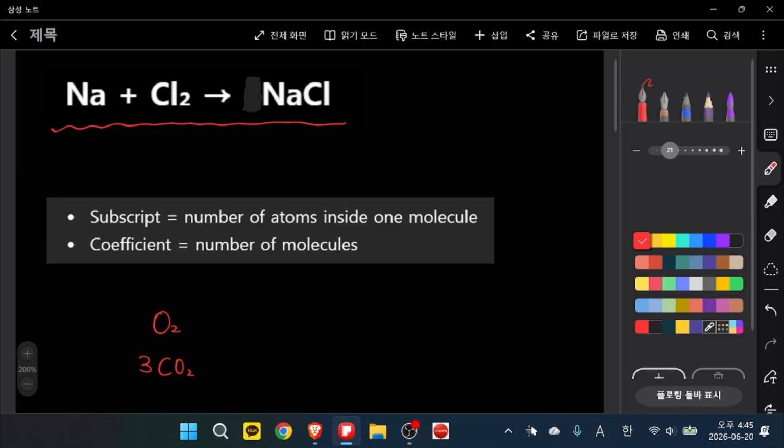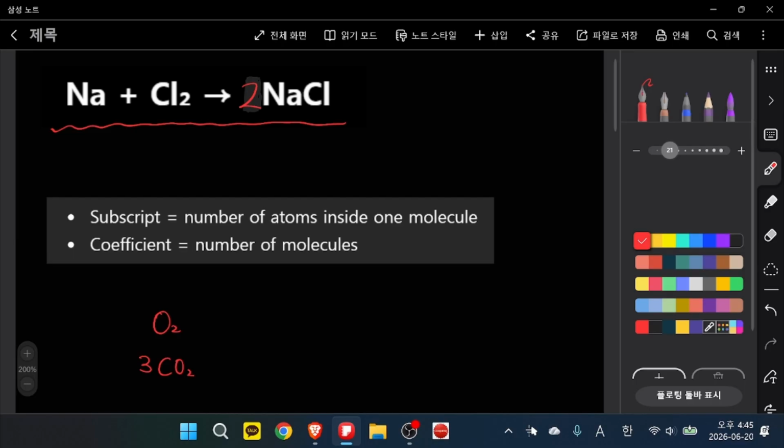We fix this by adding a coefficient in front of NaCl. Now the right side has 2 sodium atoms and 2 chlorine atoms.